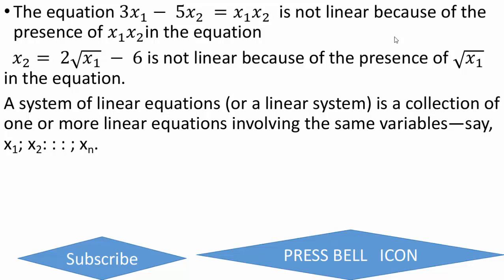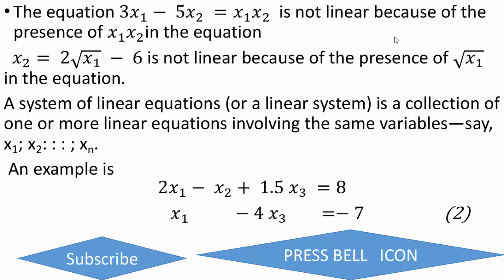Now, a system of linear equations, also called a linear system, is a collection of one or more linear equations involving the same variables, say x1, x2, x3, ..., xn. The collection of more linear equations containing same variables is called a system of linear equations.